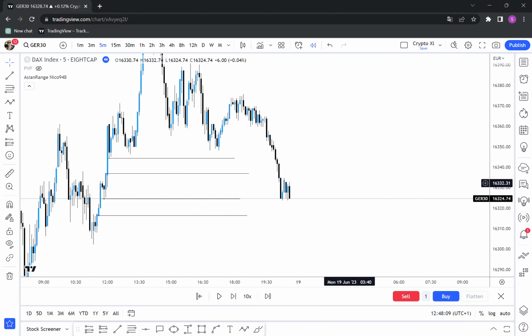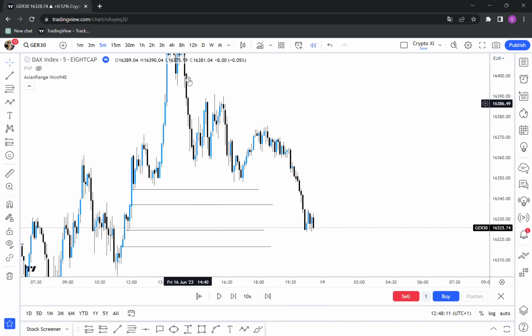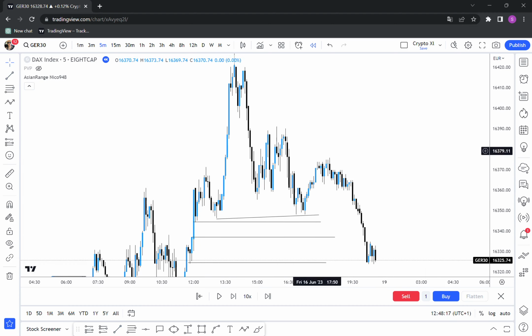Yeah, as you can see, here we changed the structure, we created liquidity here. It's true that the last demand that created a higher high was this one, but as you can see, price started to break this order block, and the pressure was sell.